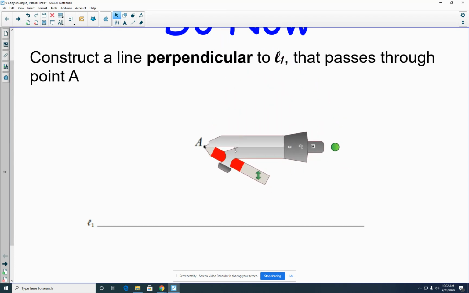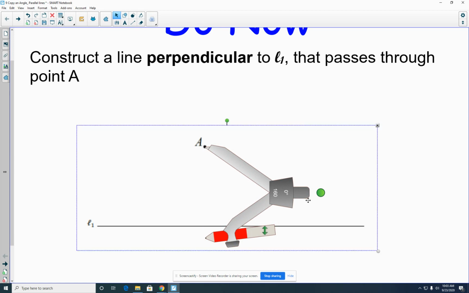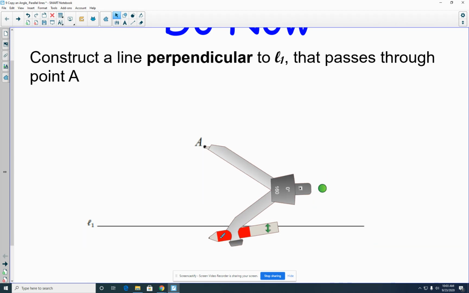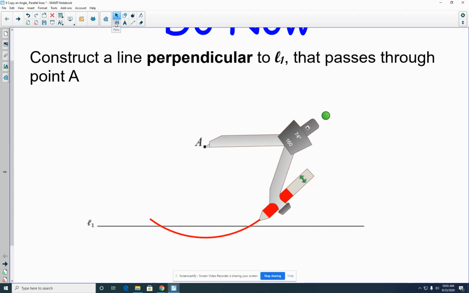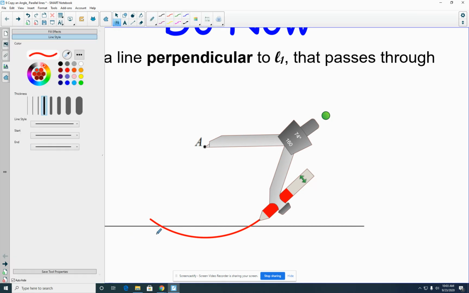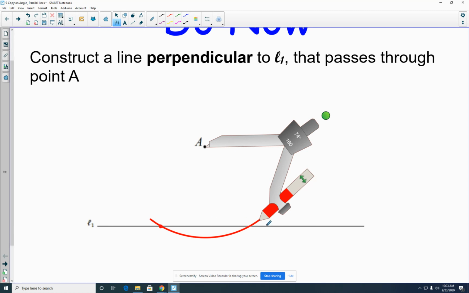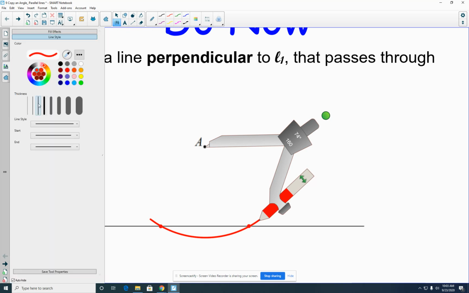So needle on A, open up past that line, and create an arc so that it goes through that line in two points. Once you have that arc, we indicate the 2 points of intersection, here and here. Now we're going to do the perpendicular bisector of that segment.